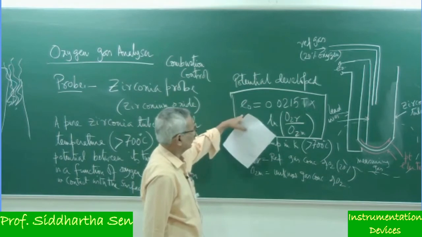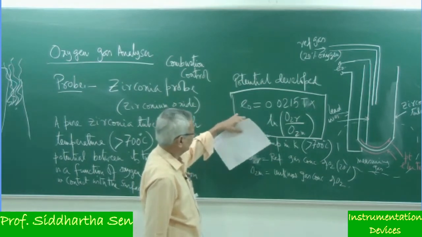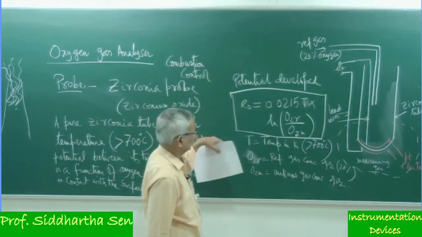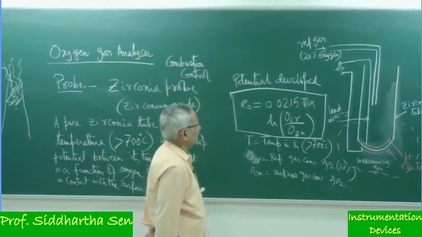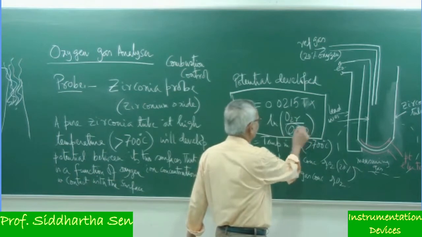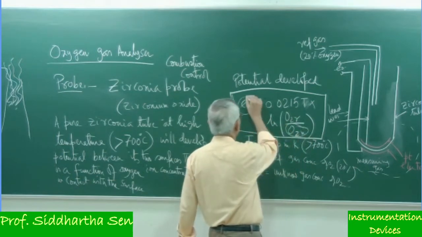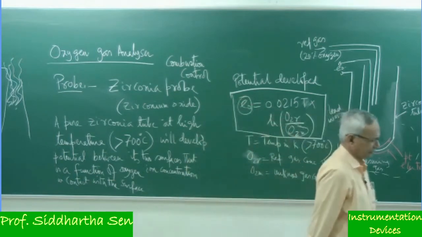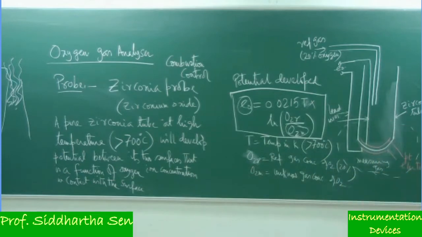You can say two Nernst equations, and two potentials developed across them. Here you can easily see that there is a functional relationship between the oxygen ion concentration and the potential developed, and we can calibrate it.